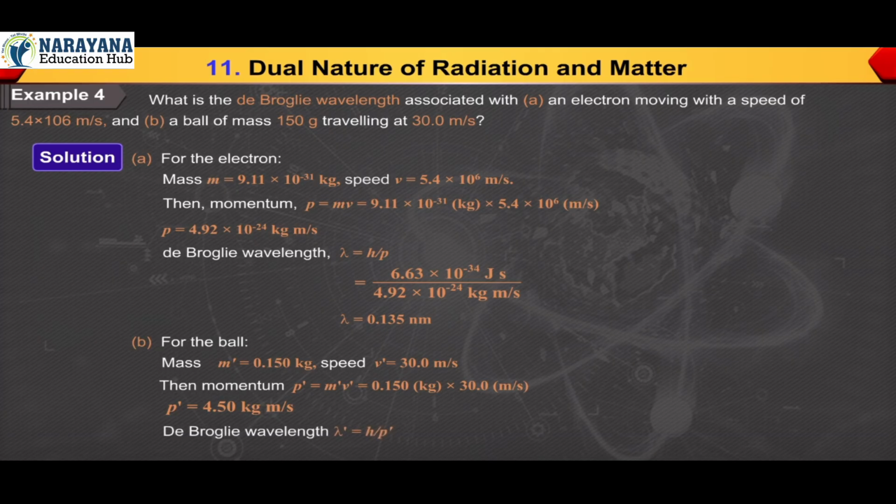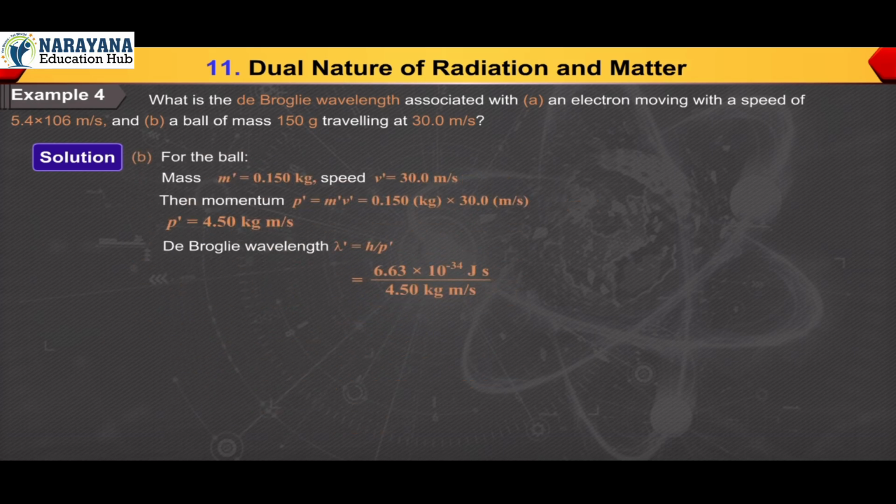De Broglie wavelength λ' is equal to h upon p' is equal to 6.63 × 10^-34 joule second upon 4.50 kilogram meter per second. λ' is equal to 1.47 × 10^-34 meter.